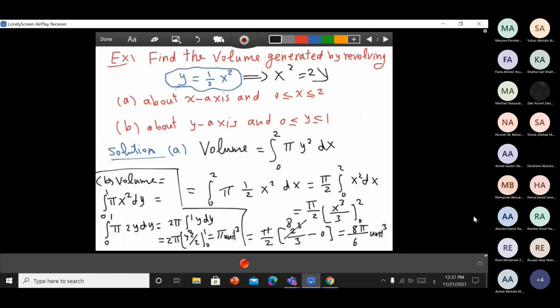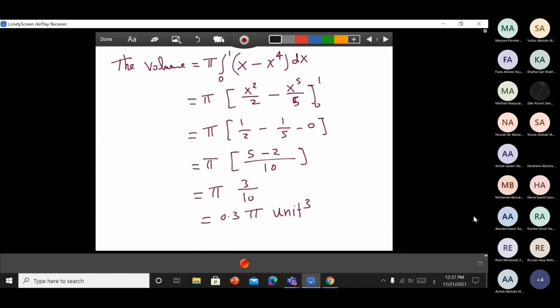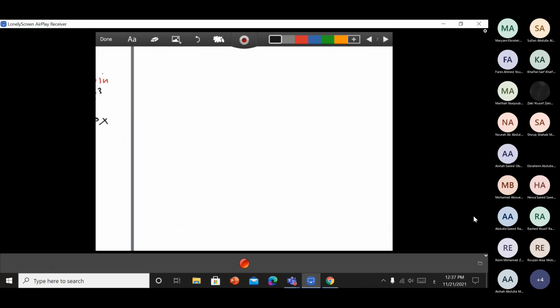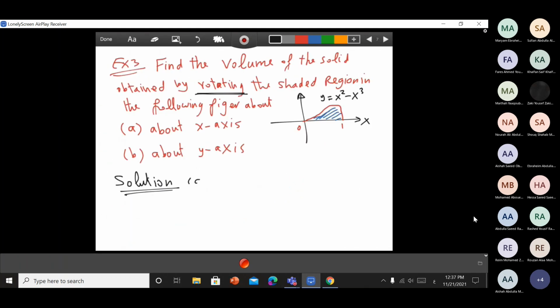This is what we are going to do in section A. So the volume will equal the integration from 0 to 1 of pi y squared dx.